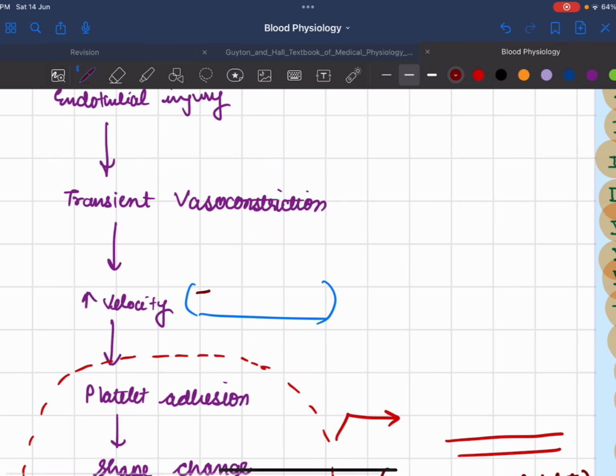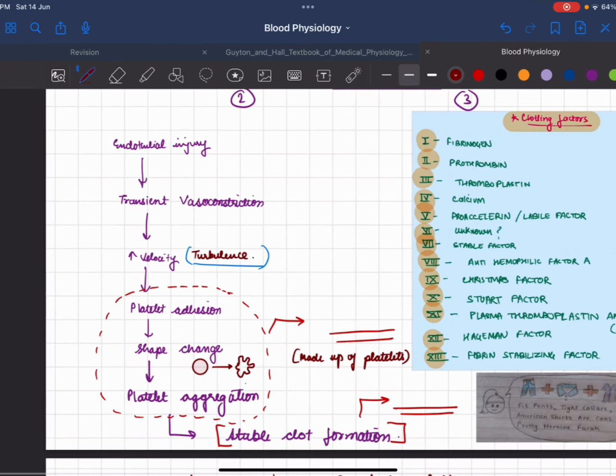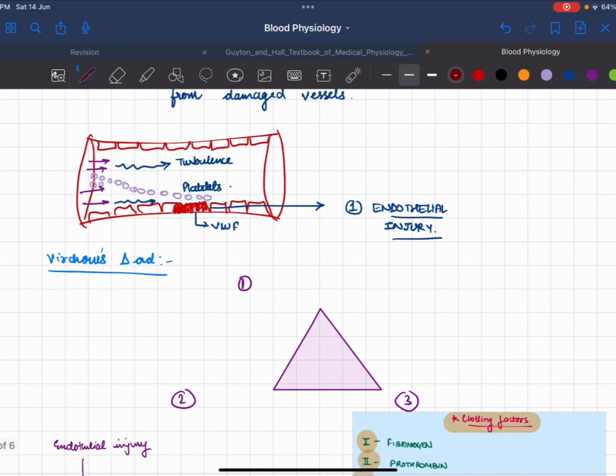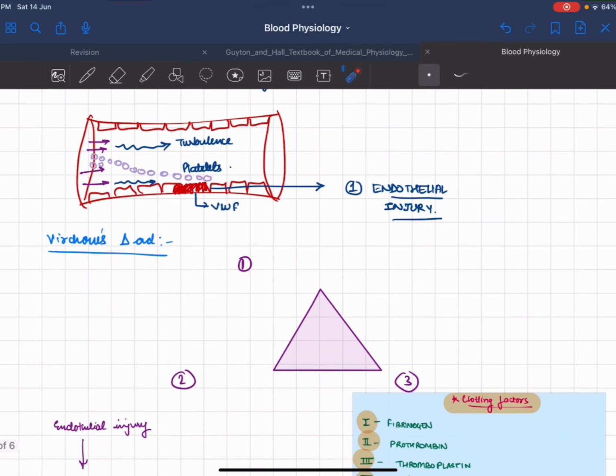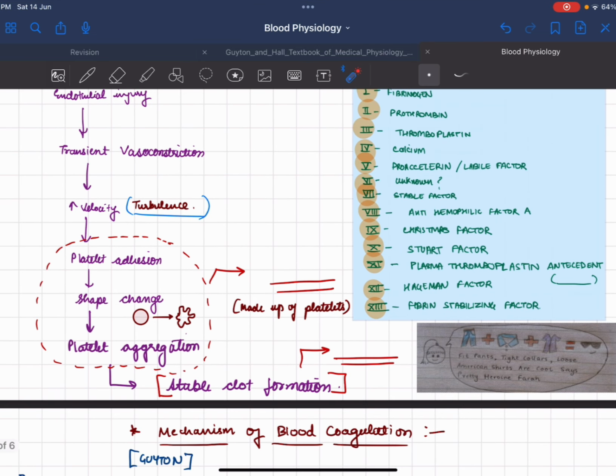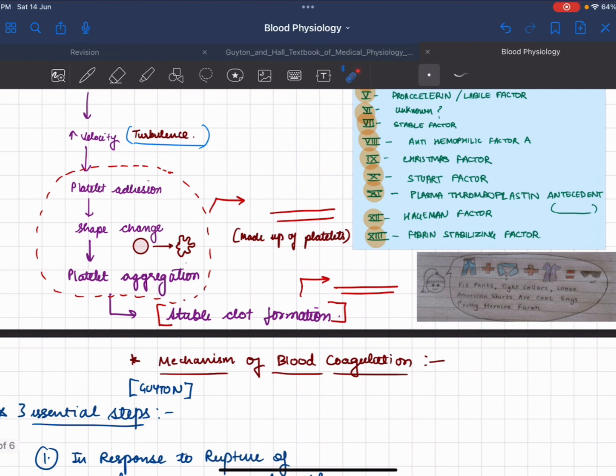So, increased velocity will give rise to turbulence. Okay. So this turbulence will further lead to accumulation of platelets or platelet adhesion, which further leads to shape change in the platelets, that is from circular to some spiky nature, which further leads to platelet aggregation, and then there is formation of a stable clot.